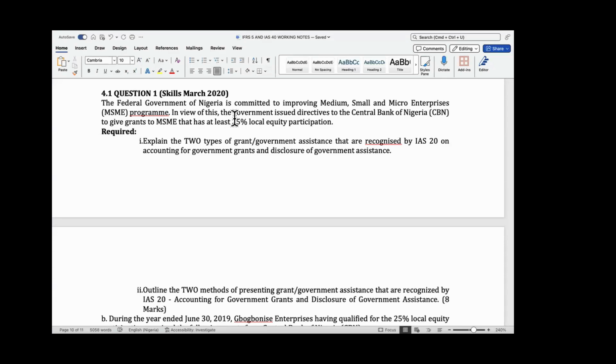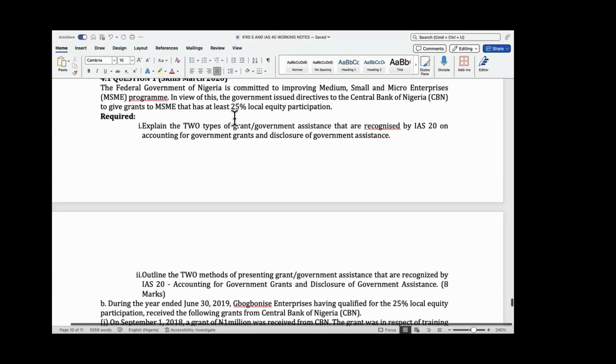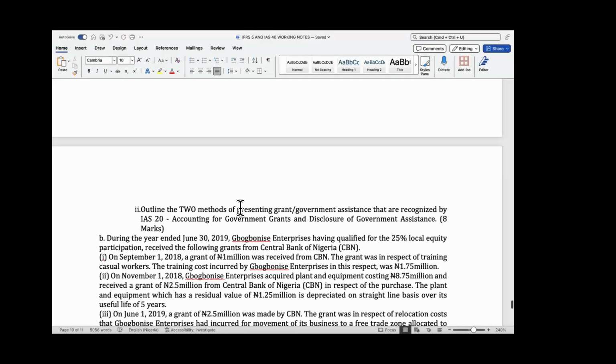Explain the 2 types of government grants or assistance that are recognized in IAS 20 on accounting for government grants and disclosure of government assistance. Outline the 2 methods of presenting grants or government assistance that are recognized by IAS 20.